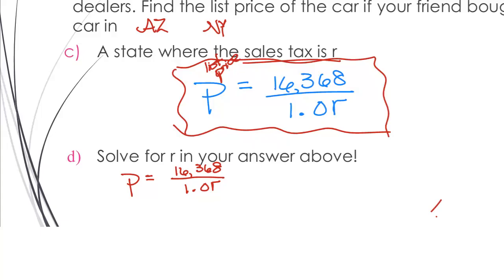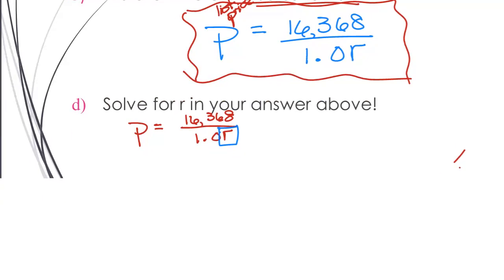But I need to get R here by itself. First of all, I noticed, what position is R in? Is it on the top? Is it on the bottom? Multiply by the reciprocal. Okay. Say more about that. The reciprocal of what? Multiply by what again?